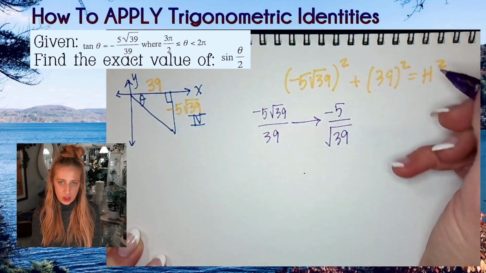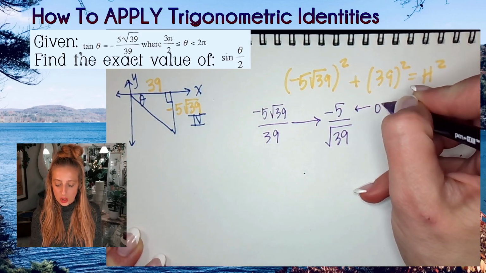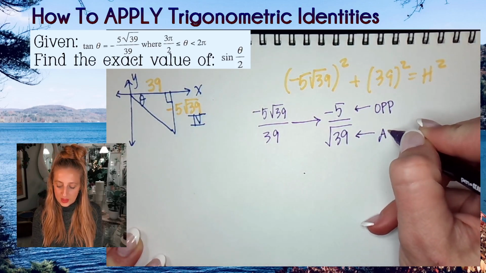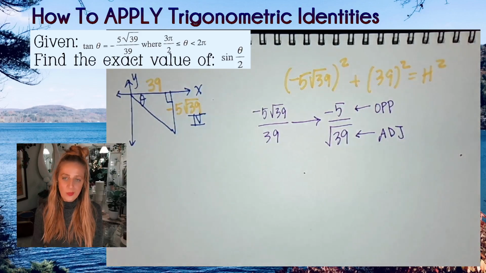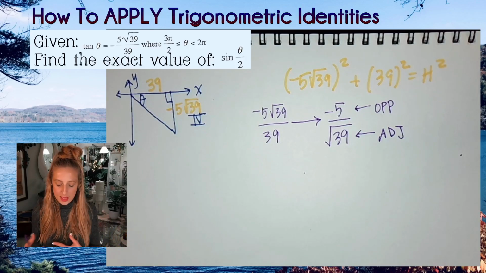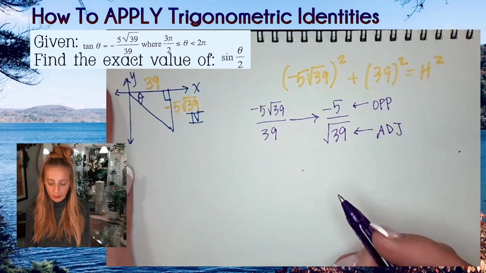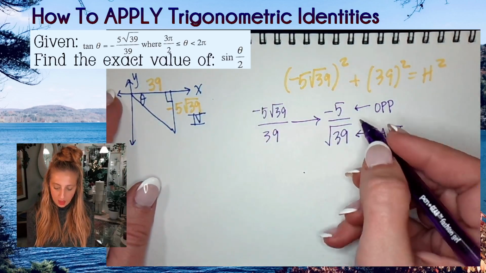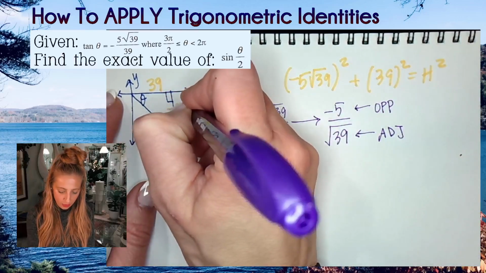Prior to being rationalized. So I'm going to redo my sides on my triangle with that being the opposite and that being the adjacent. This is just a scaled down version of those measurements, and what we know about trigonometry is that we reduce down to fractions and the angles stay consistent, right? Like the ratio is the ratio. Now, if I go to put that in, opposite is just negative 5 now.